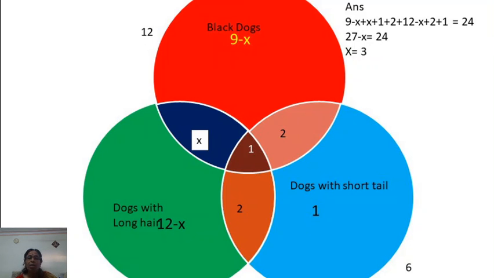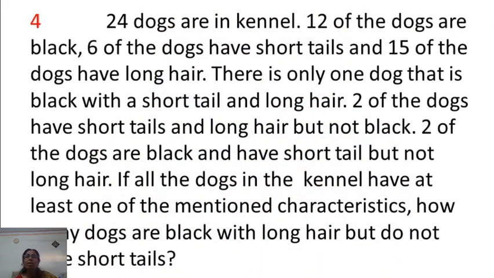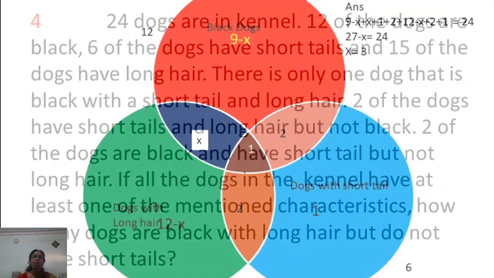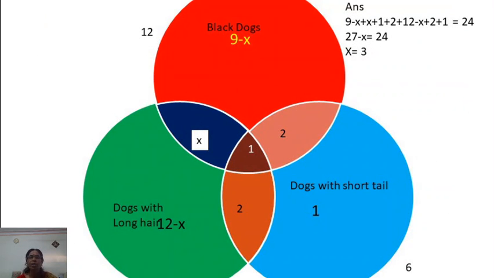Given: 12 dogs are black, 6 dogs have short tails, and 15 of the dogs have long hair. If we draw this figure, the question becomes very easy.